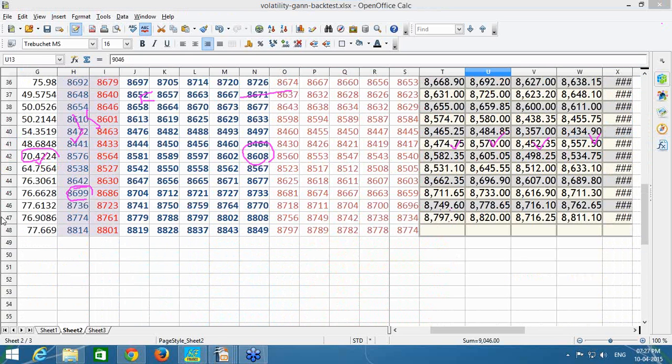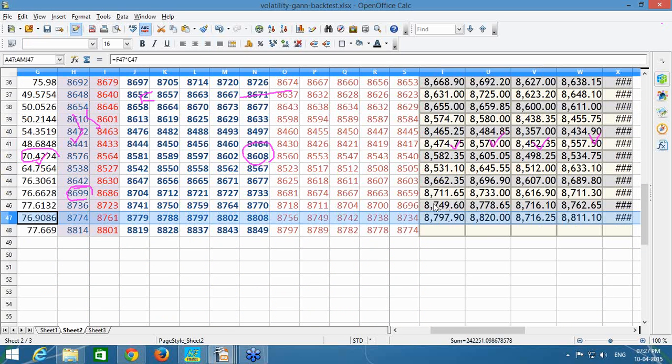If you see, this is the last day, as per yesterday's data. We expected today, if it is opening above 8774, I can buy it for 8808.